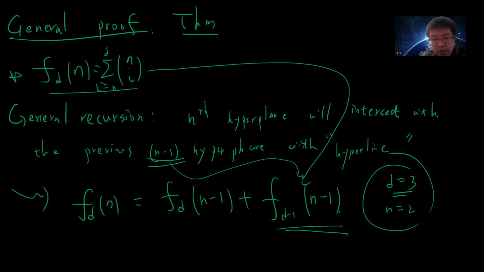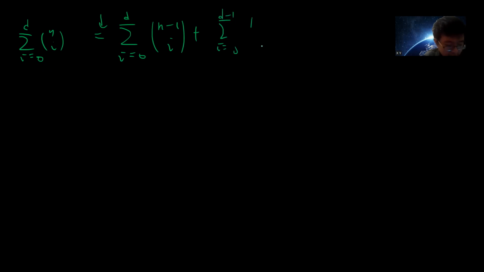So let's verify this is true. What we want to do is take the summation of n choose i from 0 to d, and we try to prove the following: it equals the sum of n minus 1 choose i from 0 to d, plus the sum of n minus 1 choose i from 0 to d minus 1. So this is the result.